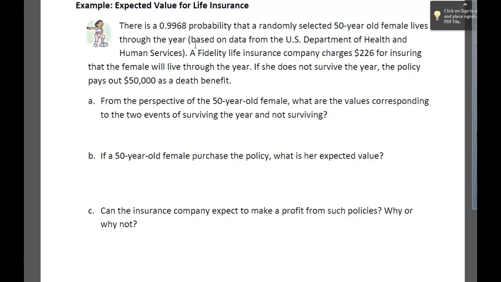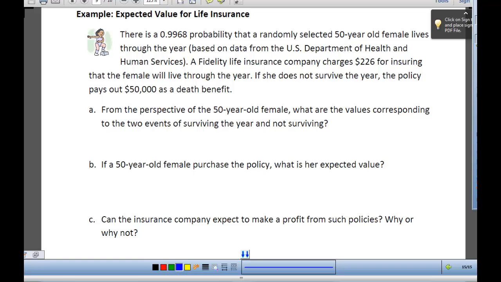Okay, if she survives the year, what's happened with her as far as her money? She just paid out $226. So we would say surviving the year is negative $226. Okay? However, if she doesn't survive the year, then somebody gets $50,000 minus $226.